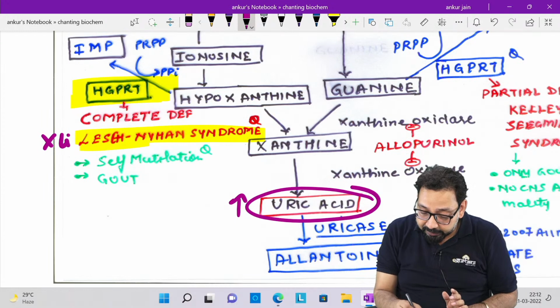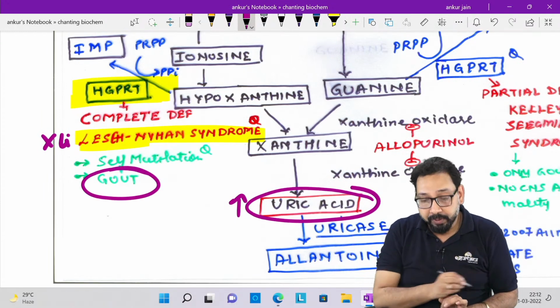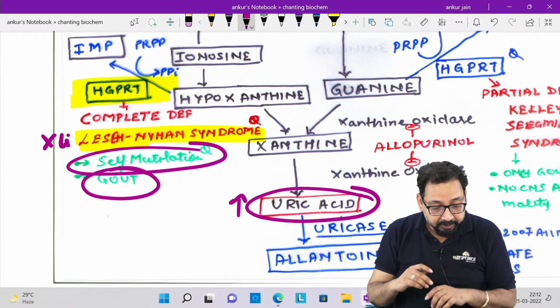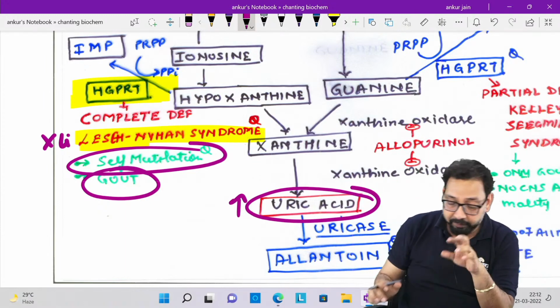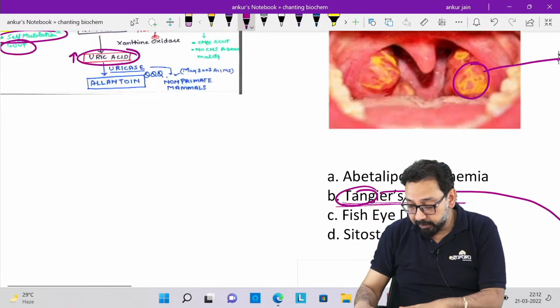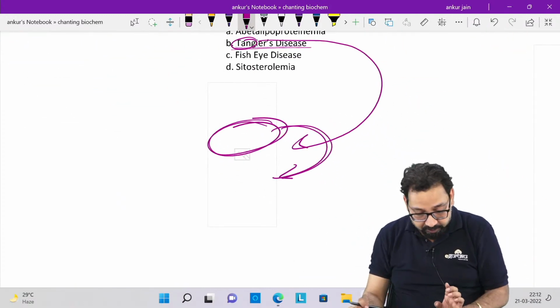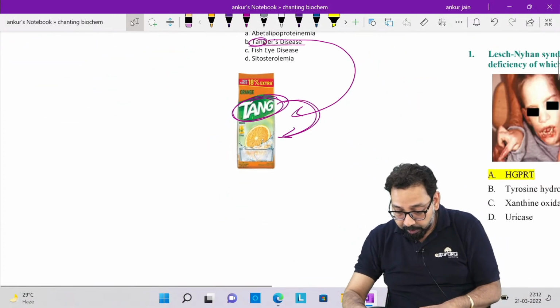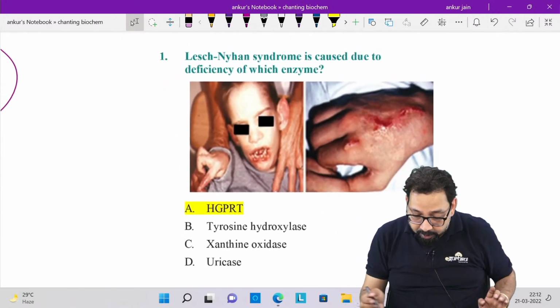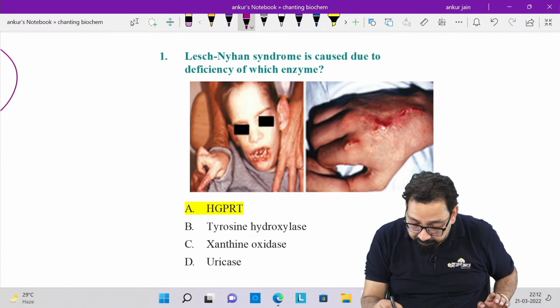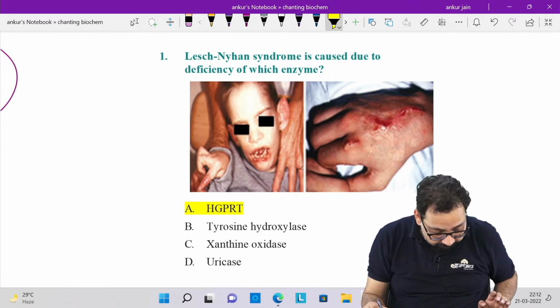If uric acid increases, that is gout. And self-mutilation means self-injurious behavior. The patient will injure himself. This question is asked, picture MCQs are asked. Sometimes they give a picture like this, self-injurious behavior.